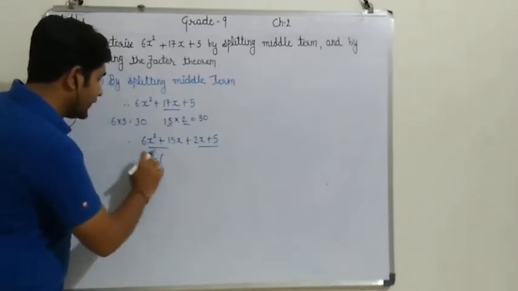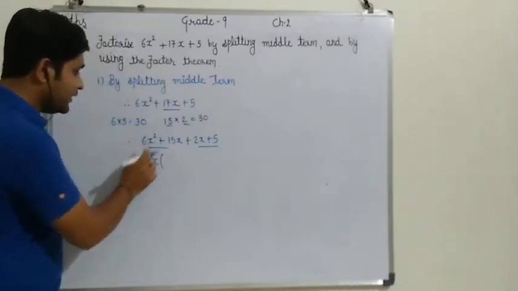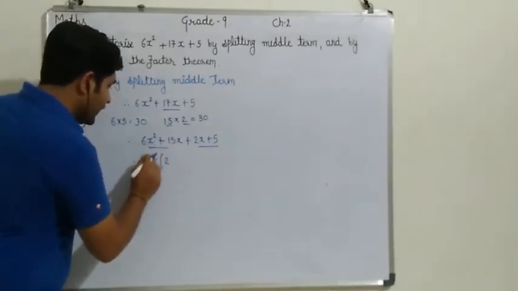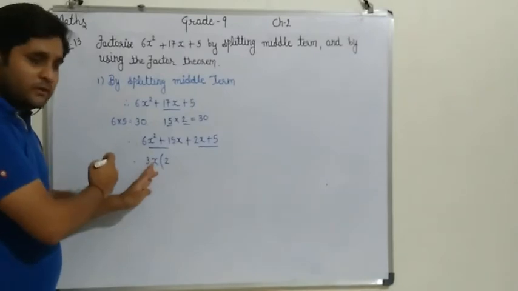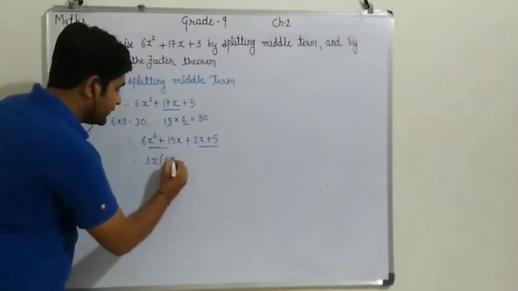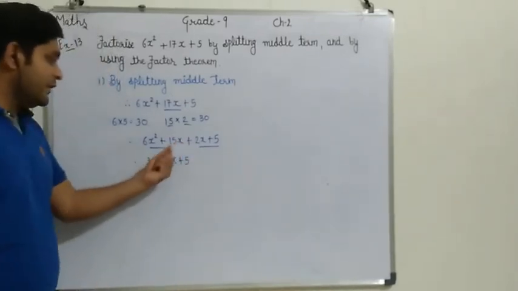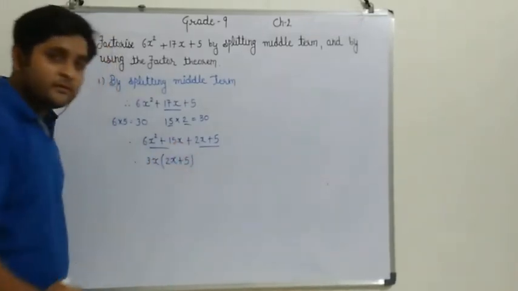So in the bracket, from 6x square, if I take 3x common, 3 twos are 6, so 2x is remaining, plus here 3 fives are 15, so 5, and x I already took outside.